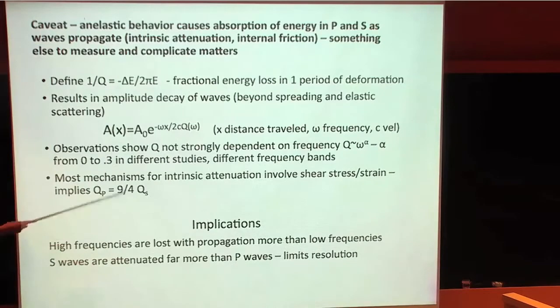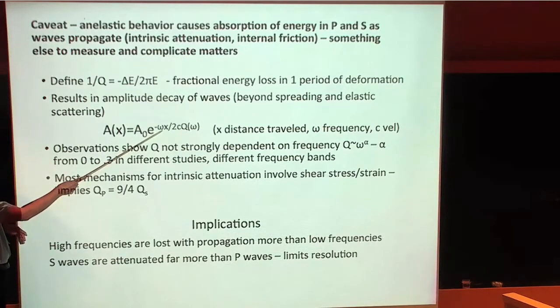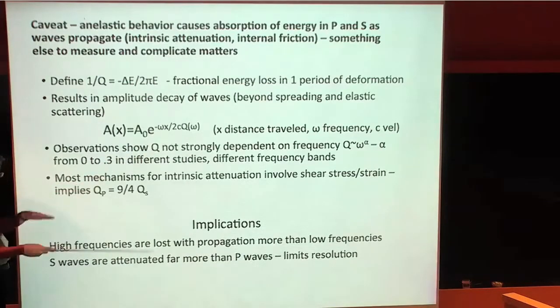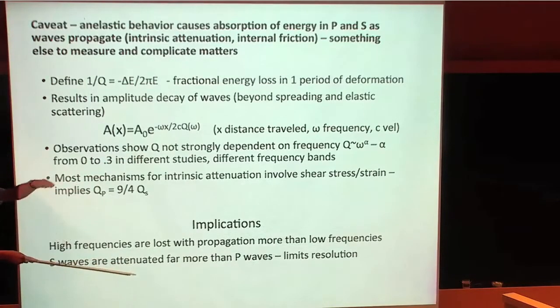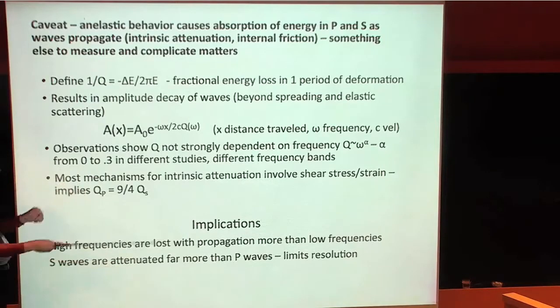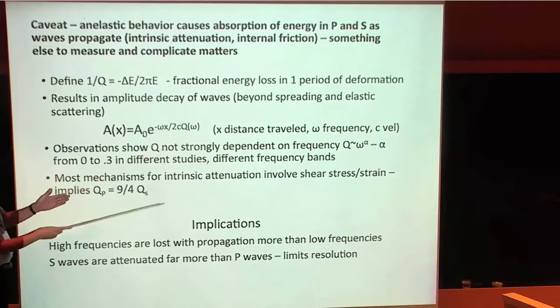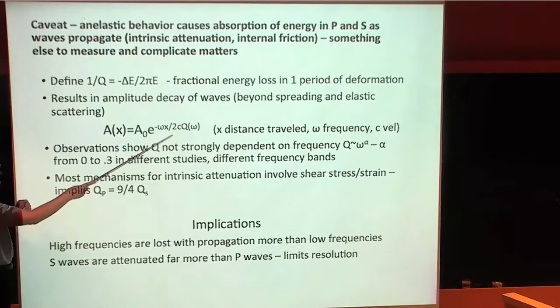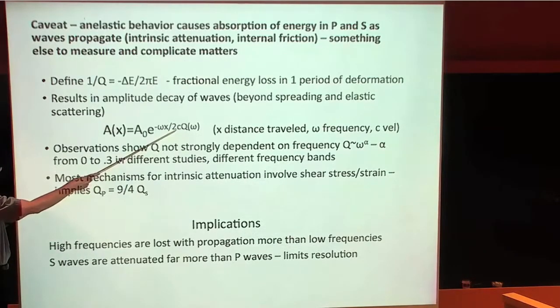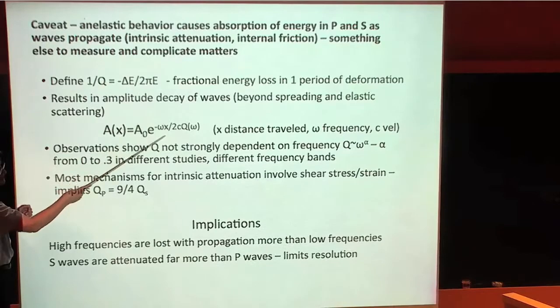The omega here is the frequency of the wave. So what you see here is that this exponential decay in amplitude depends on the frequency. The high frequency waves for a given value of Q really get knocked down relative to the longer period waves. You also have the velocity in the denominator here. S waves go slower than P waves, so they get knocked down because of the velocity as well. Exponential decay with frequency.